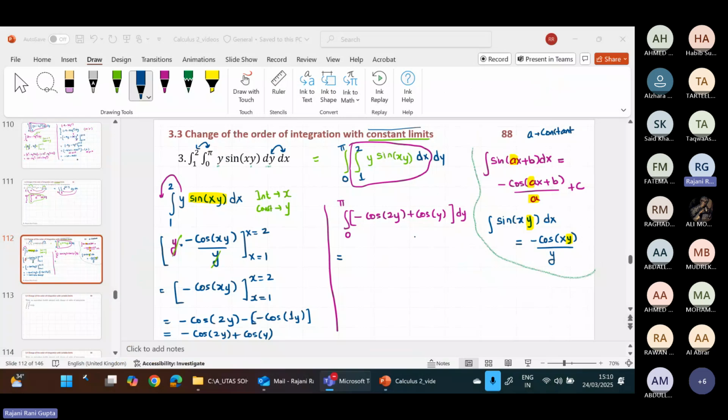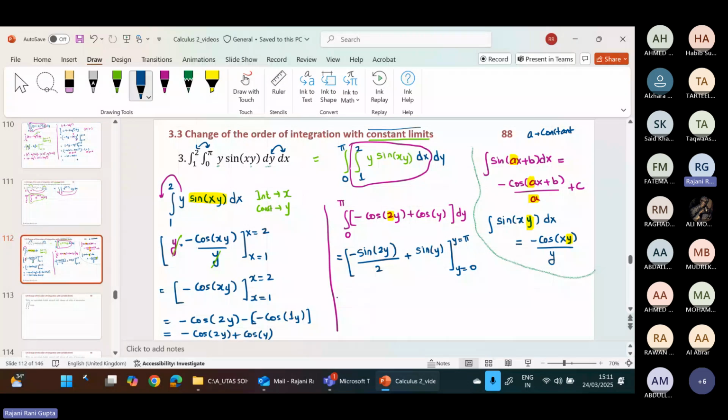Sorry for that. Okay, so when we integrate this, integration of cosine is sine 2y, and in the same way, the coefficient of y is 2, so you divide it by 2. And then here it's simply sine of y. The limits are for y from 0 to pi.